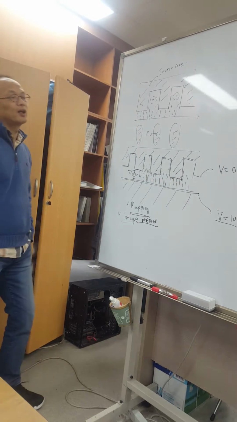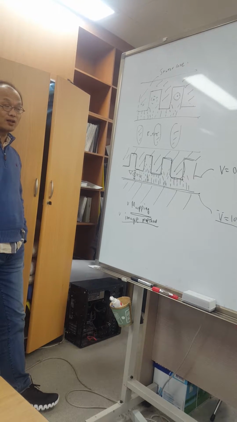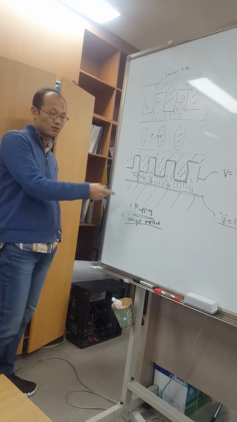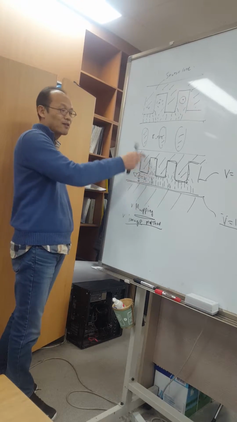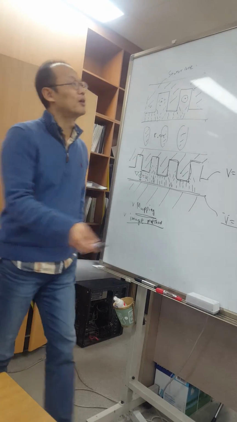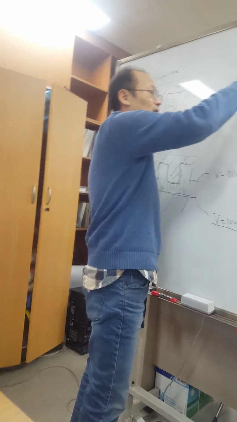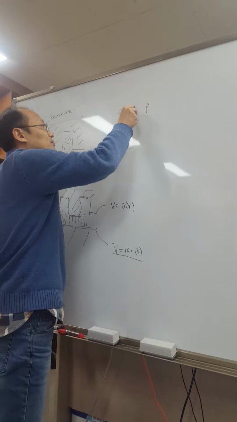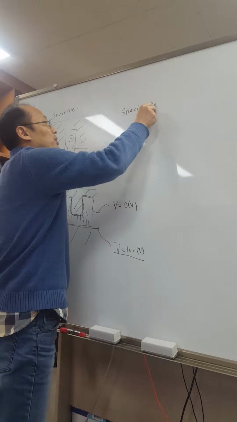And then it is quite a complicated distribution, the flux path, and then someone defined the specific permeance.